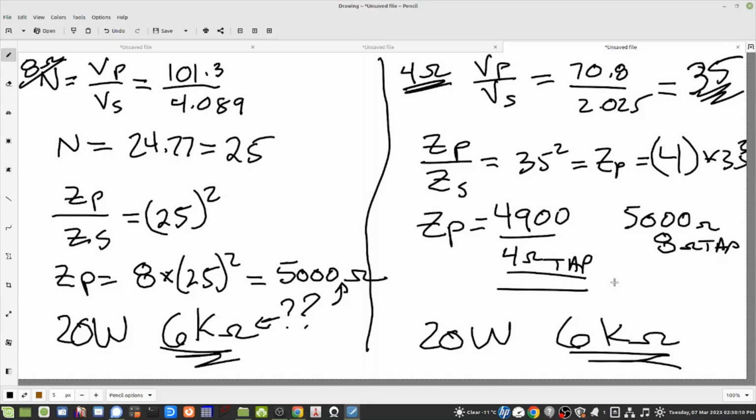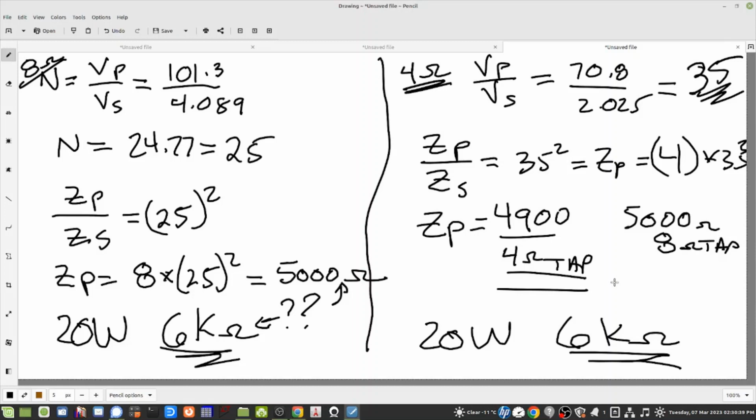So if I wanted to use this transformer as a 6K load, I'm thinking I'm getting 6K, but in fact it's 5K, which means I'm going to miss my optimum power transfer. Okay, so now I used 2 Chinese transformers. It did not work the way I was kind of hoping it would.